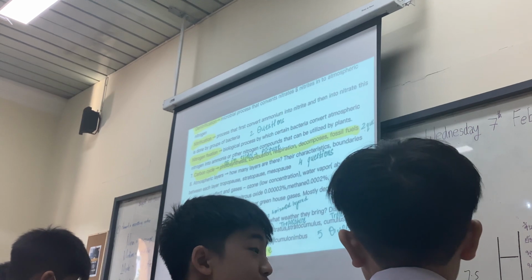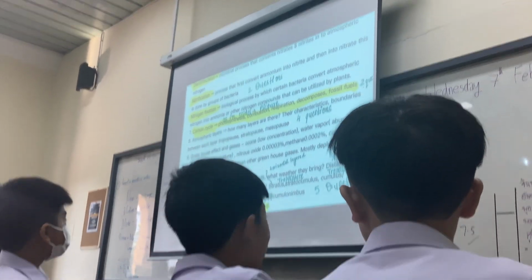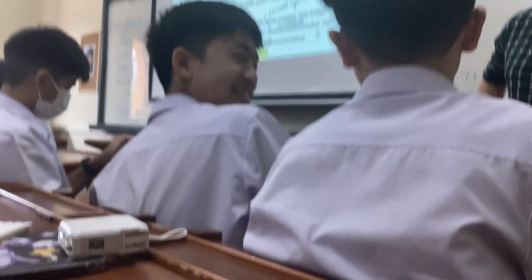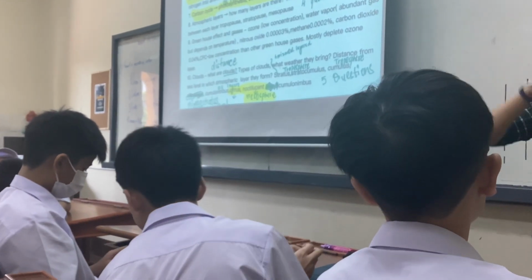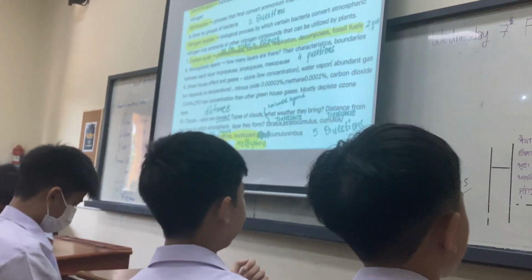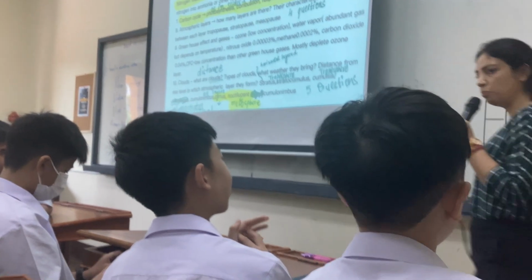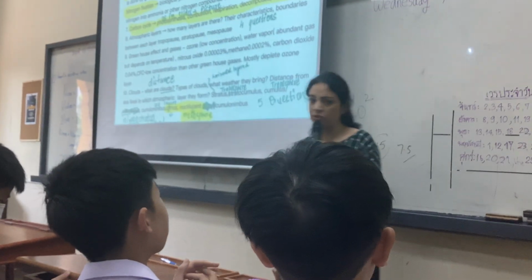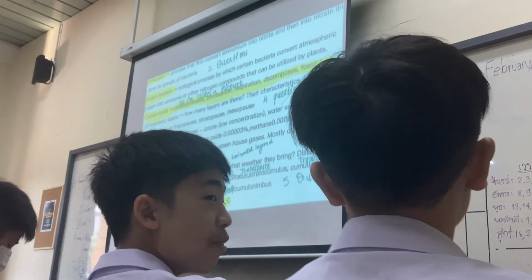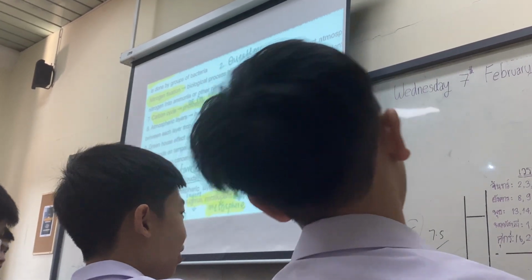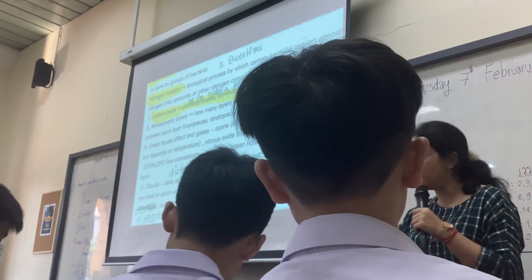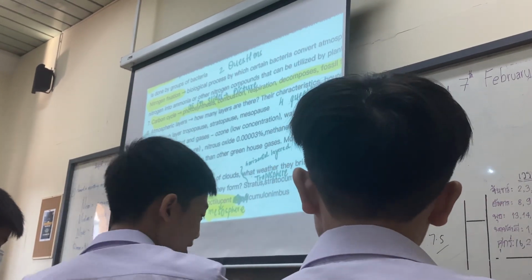And what is between thermosphere and exosphere? Okay, next. And what is the exosphere? Between the exosphere and space, it is the line that has a name. What do you call that? The Karman line.